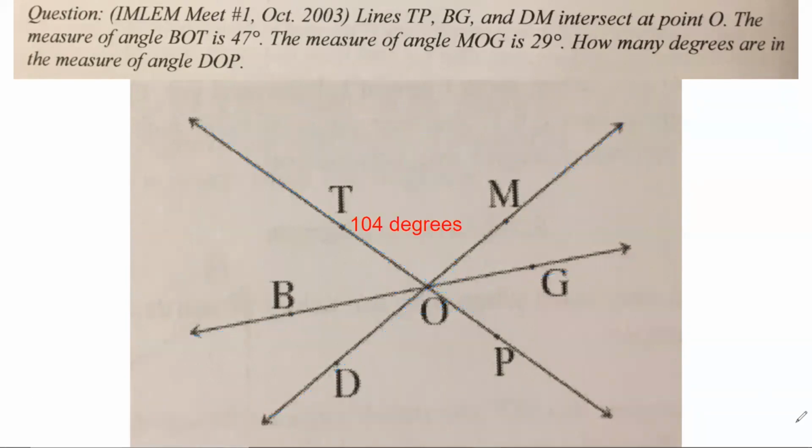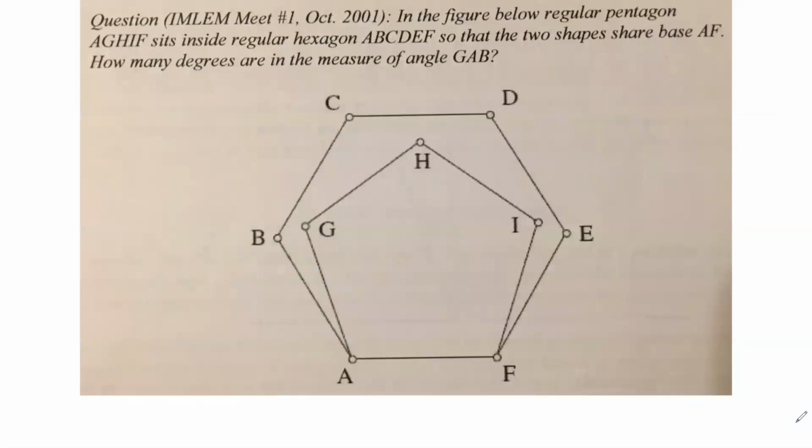Okay, let's move on to the next problem. In the figure below, regular pentagon AGHIF sits inside regular hexagon ABCDEF, so that the two shapes share base AF. How many degrees are in the measure of angle GAB?